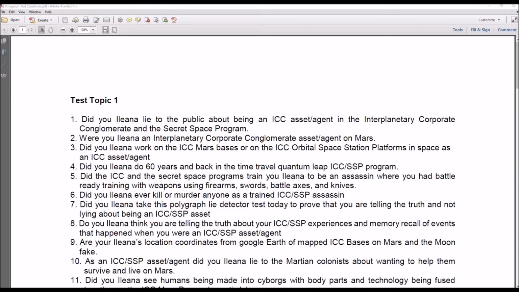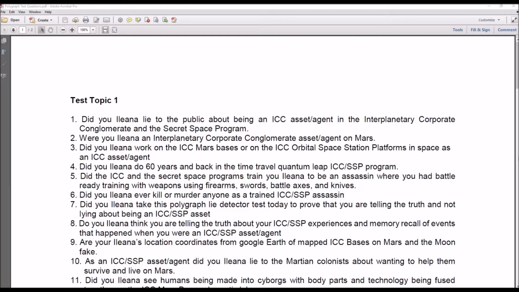So they wanted to displace the Martian colonists from Mars onto those ICC orbital space station platforms and have Mars all for themselves, for the ICC SSP to build out more bases, and the reptilians want it for themselves as well.